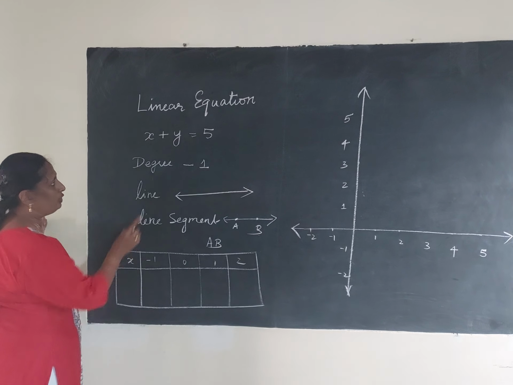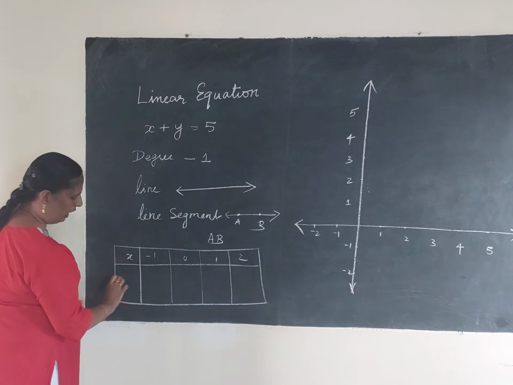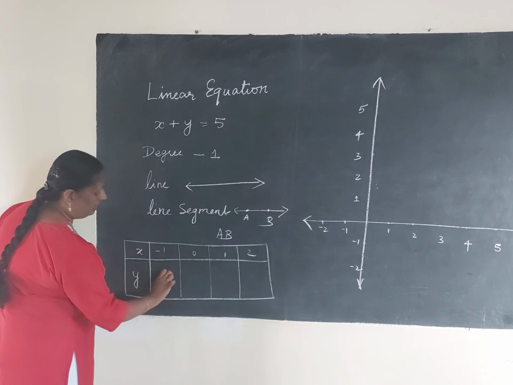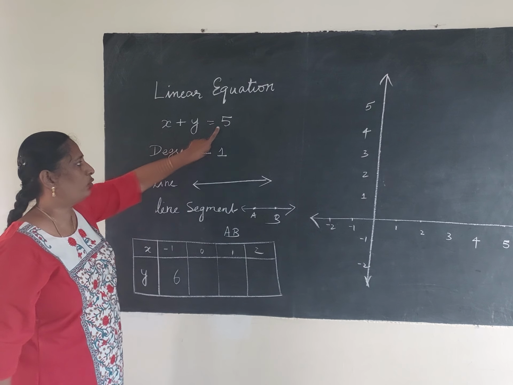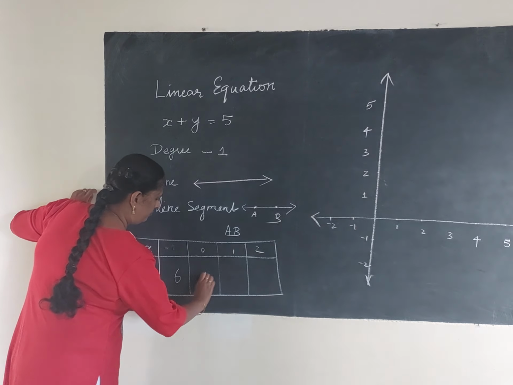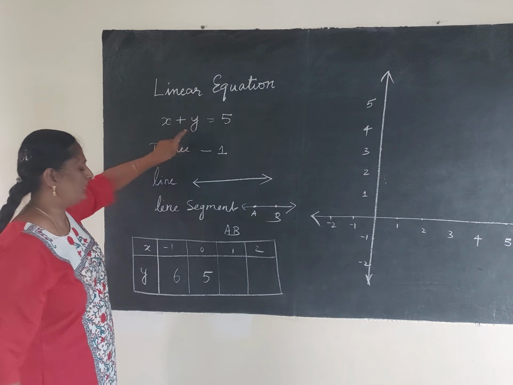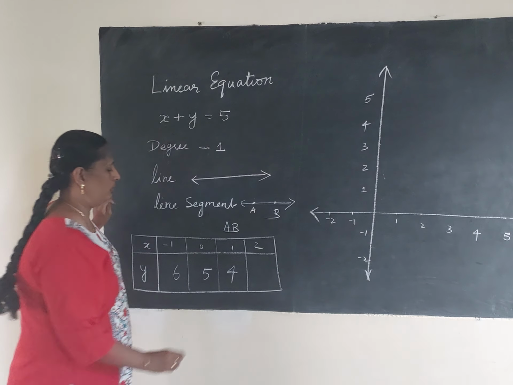If x is equal to minus 1, y will become 6. When x is equal to 0, y is equal to 5. When x is equal to 1, y is equal to 4. When x is equal to 2, y is equal to 3.